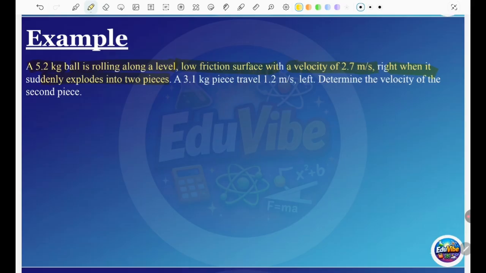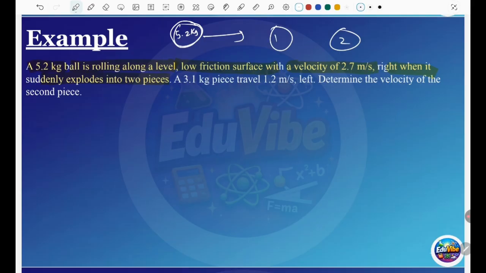So initially we have a 5.2 kg ball, and now this ball explodes into two pieces, 1 and 2.